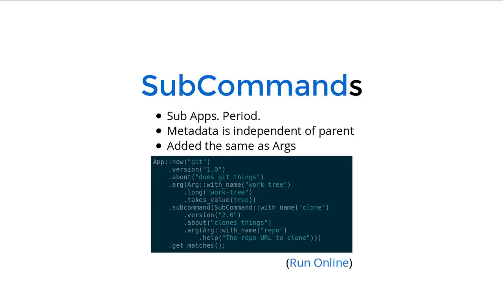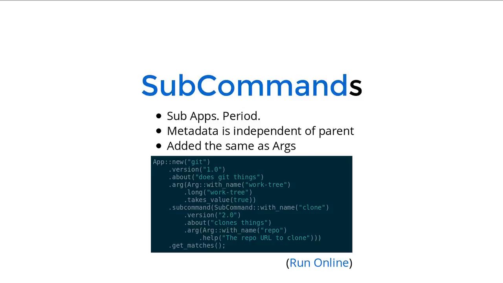It just returns back an app, which means they can contain all the same metadata, same arguments, their own subcommands, everything, just like a regular app could. One of the byproducts of this is that you can have a subcommand that's developed as an entirely separate application and have separate versions, separate authors, everything. But so long as you remember that they're just sub-apps, that's really it.